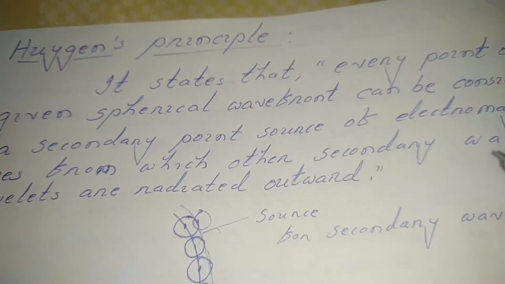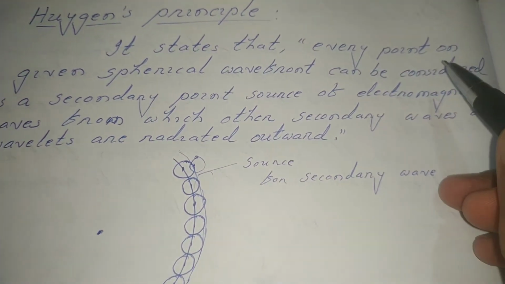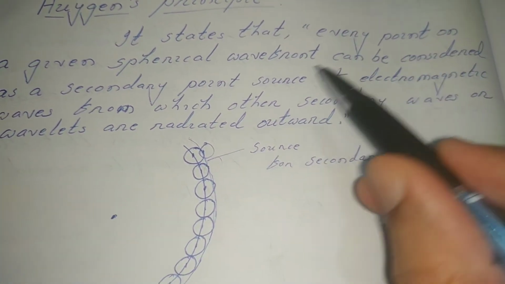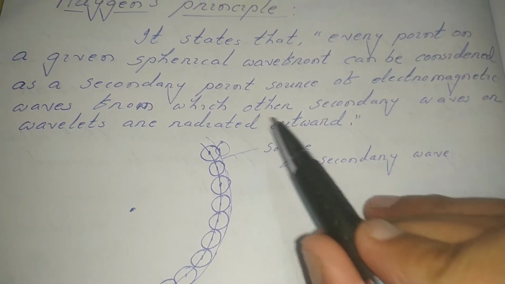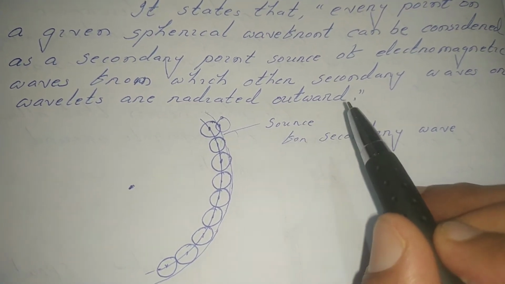Okay, next we will see one principle, that is called the Huygens principle. Huygens principle states that every point on a given spherical wavefront can be considered as a secondary point source of electromagnetic waves, from which other secondary waves or wavelets are radiated outward.